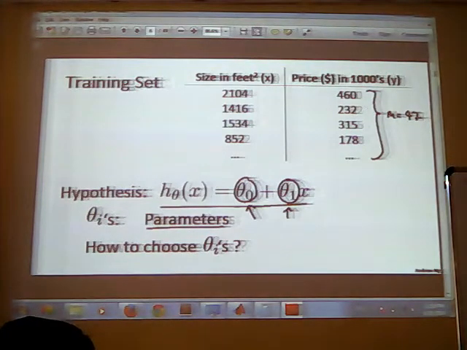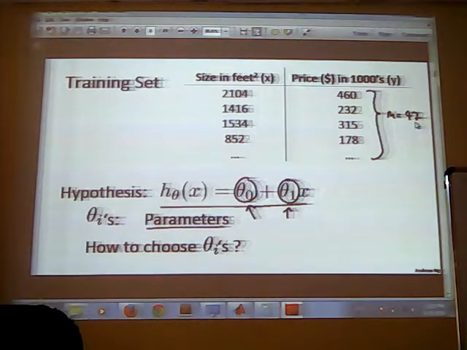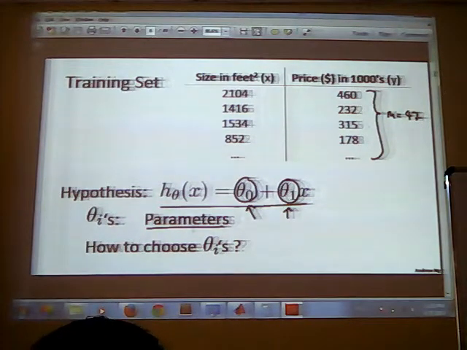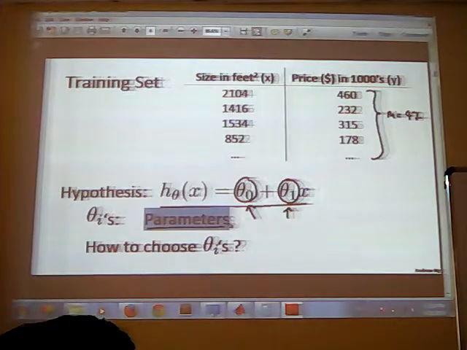Here the thetas are known as parameters. Initially we are going to give these parameters, theta 0 and theta 1, and the question that arises now is how to choose the values of theta. The answer to this question we are going to see in the next slide.